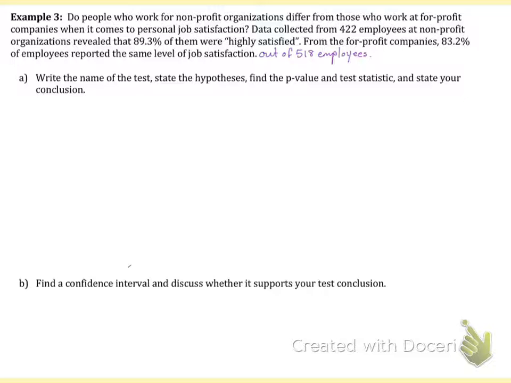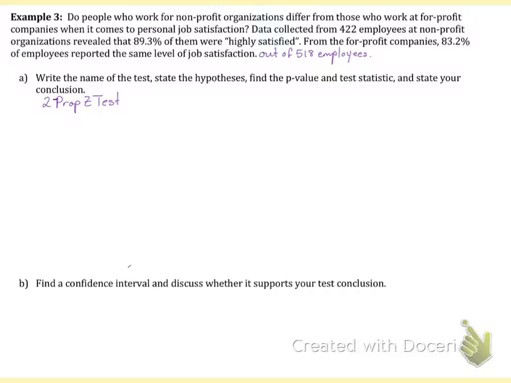So we have two samples here, and the sample proportion is calculated for both of them. So we are going to run a two proportion z-test comparing these two samples. Before I do that, I want to talk about the conditions and assumptions that need to be met. So we need to assume that both of these samples were taken randomly.